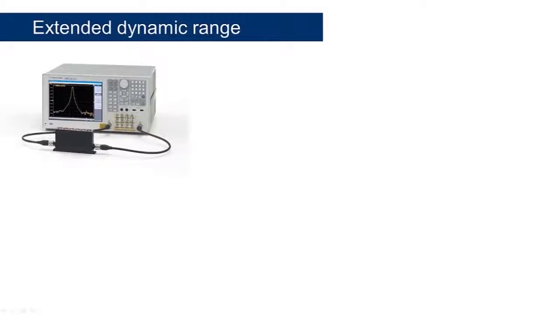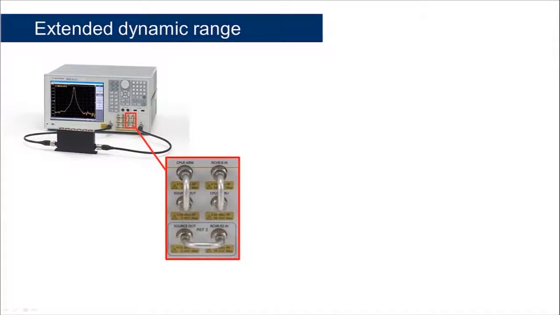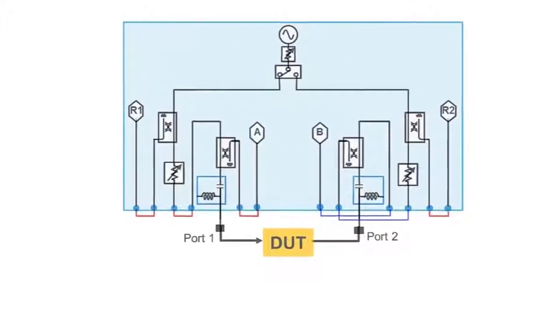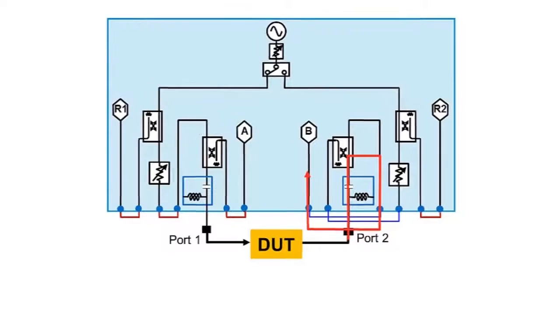In addition to the ENA's super wide dynamic range, the E5072A has a configurable test set that can extend the dynamic range even further. You can set up an alternative test configuration by changing RF jumper cables on the front panel. The DUT's output signal goes straight to the receiver, bypassing the coupling factor of the internal bridge.